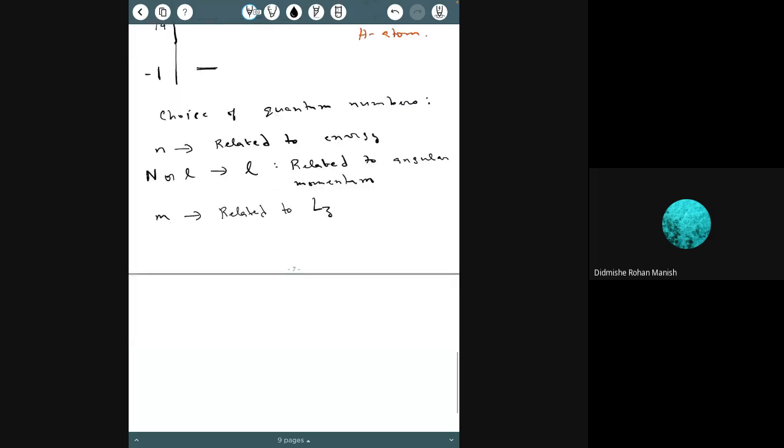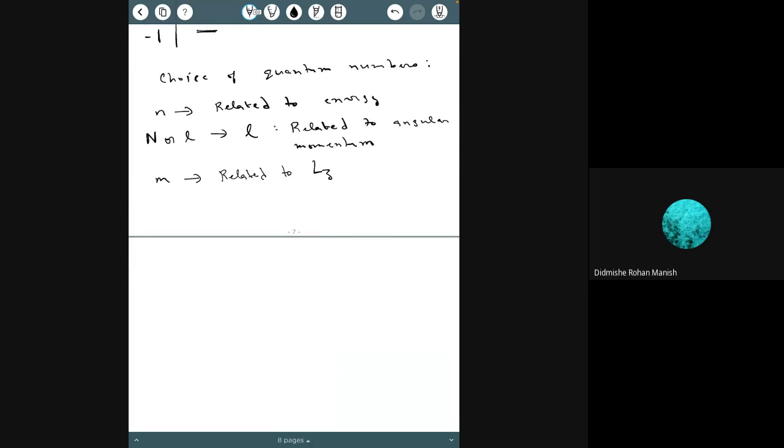Okay, now the wave function. This is a bit complicated. I don't expect you to remember the forms. If something is required, then the form will be given. So this wave function, what did we take? We had taken the ansatz to be rho to the power l plus 1.